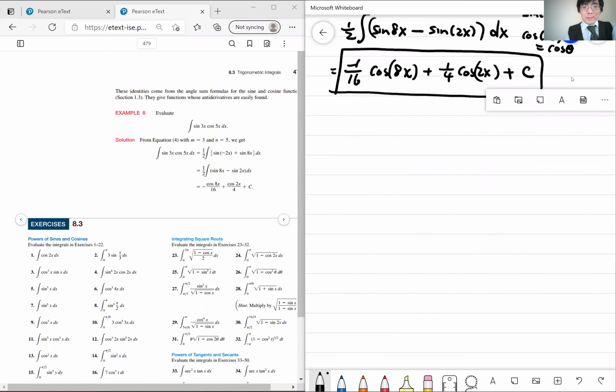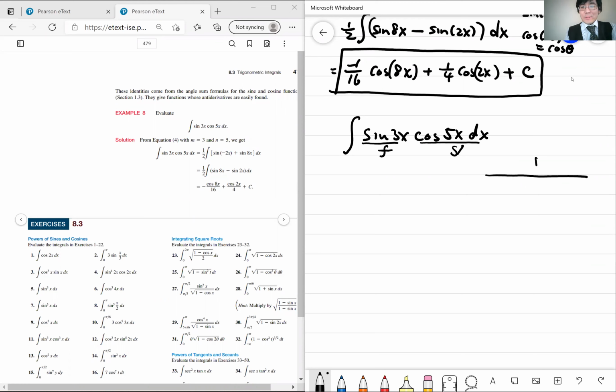I'm going to show you another method, which is the use of integration by parts. So let's say this is f and this is g dash. Doesn't matter which is which. I'm going to write down sine 3x and cosine 5x.